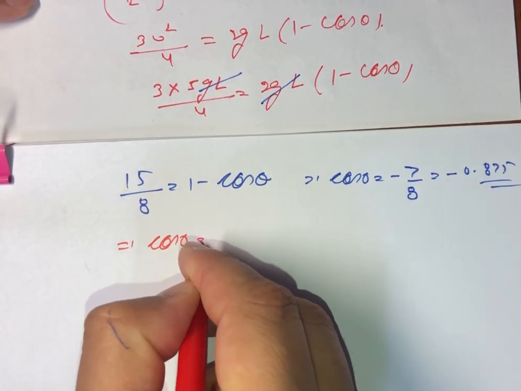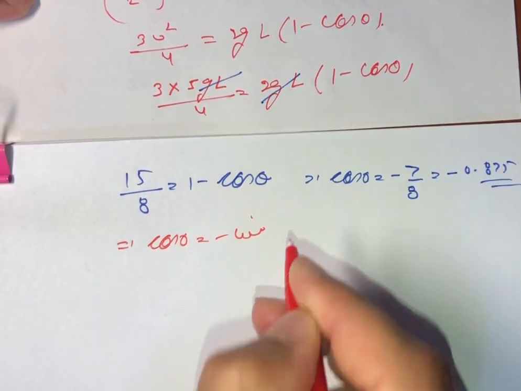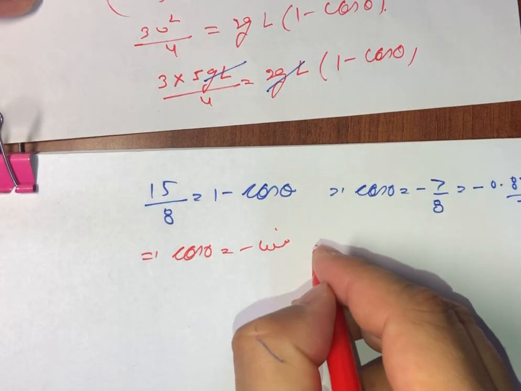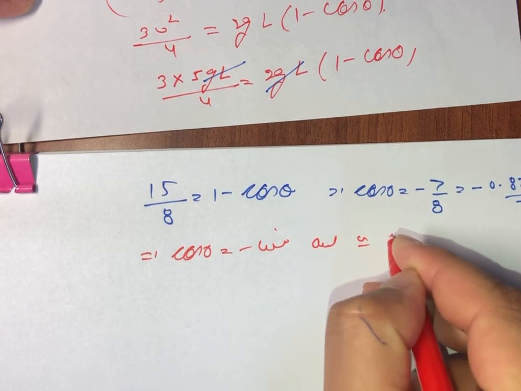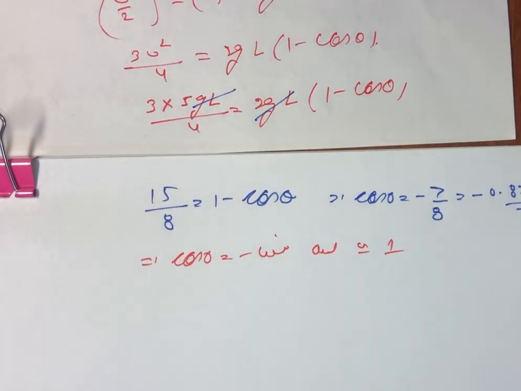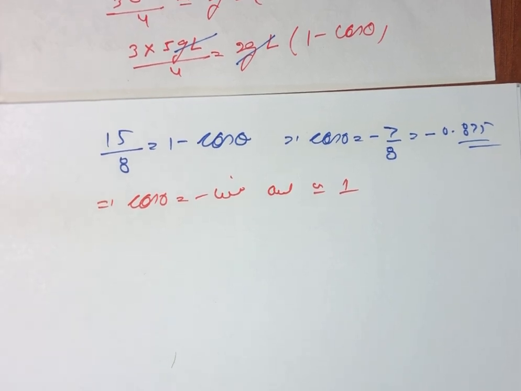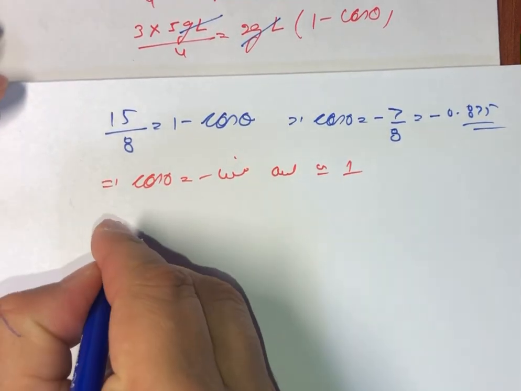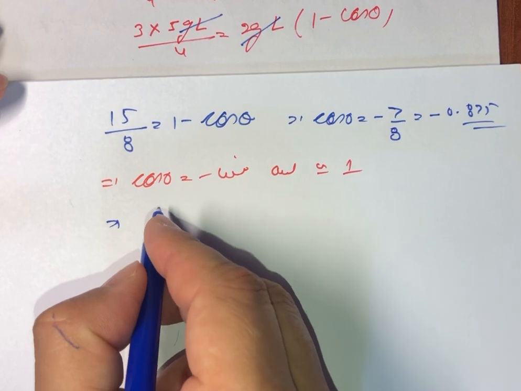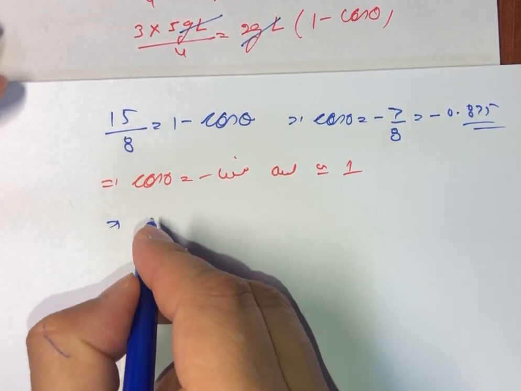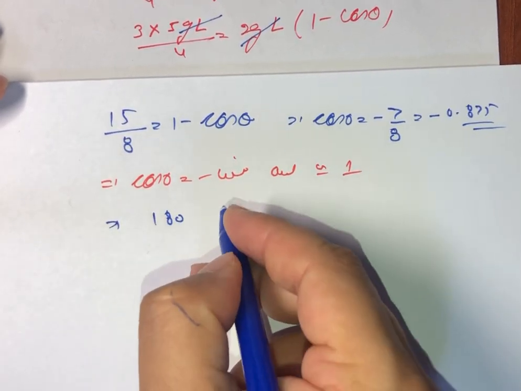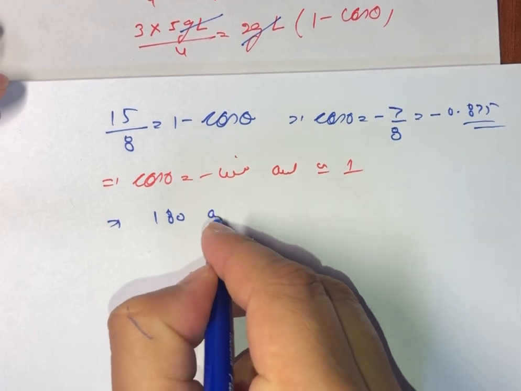From here we can say that cos theta is negative, and therefore theta will be somewhere between 90 degrees and 180 degrees, that is, pi.